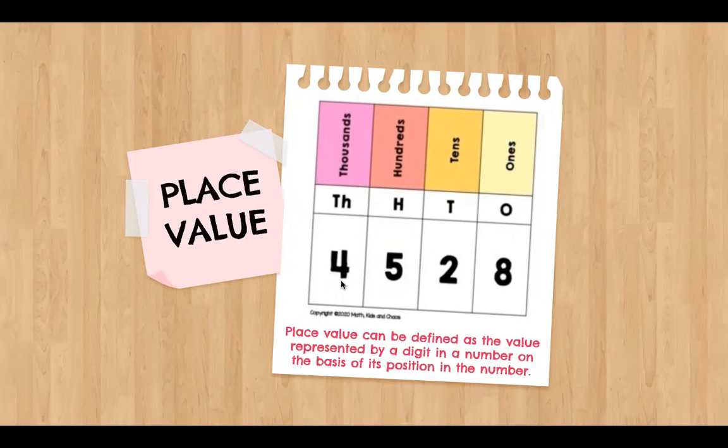We have the number 4,528. The 8 is in the ones place, the 2 is in the tens place, the 5 is in the hundreds place, and the 4 is in the thousands place. It's very important to understand place value because in order to understand rounding, we have to know place value and where each number is placed.